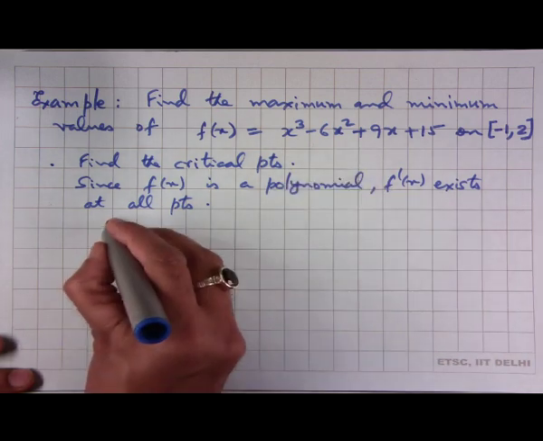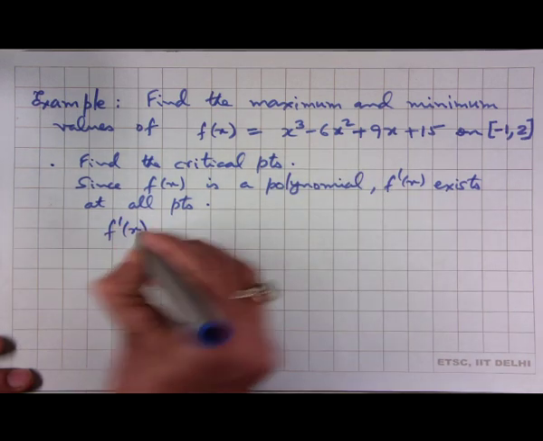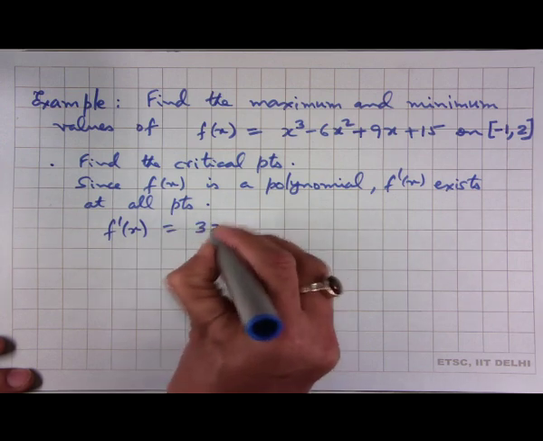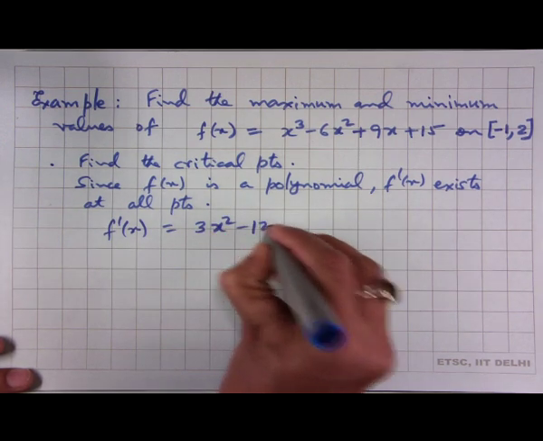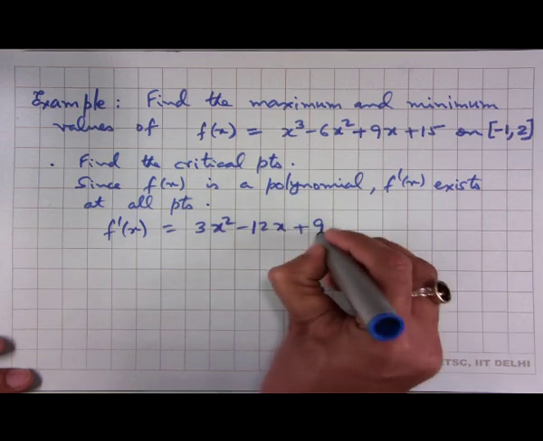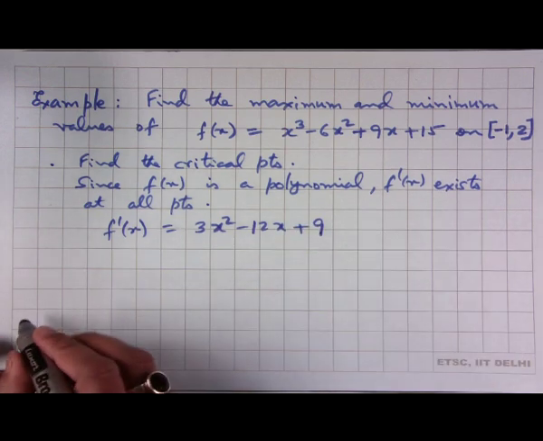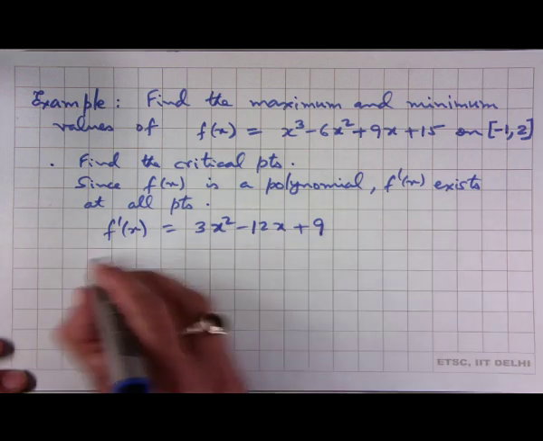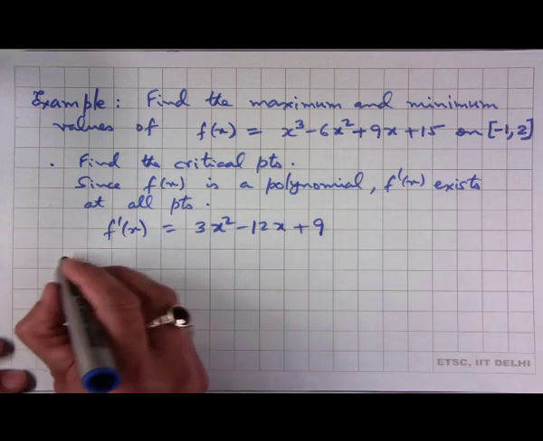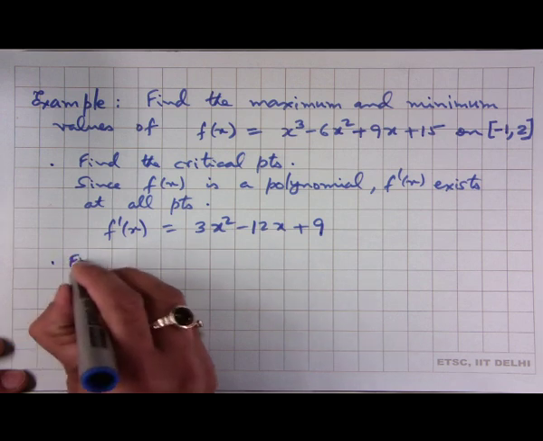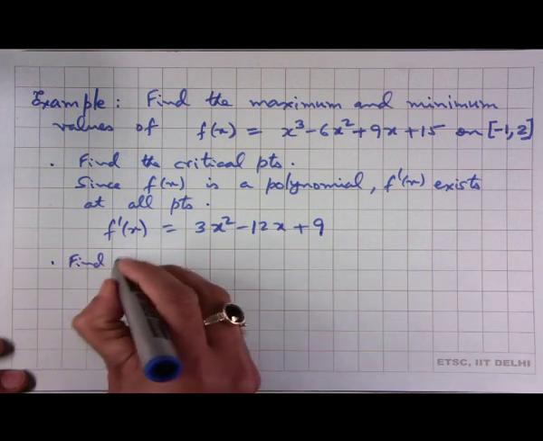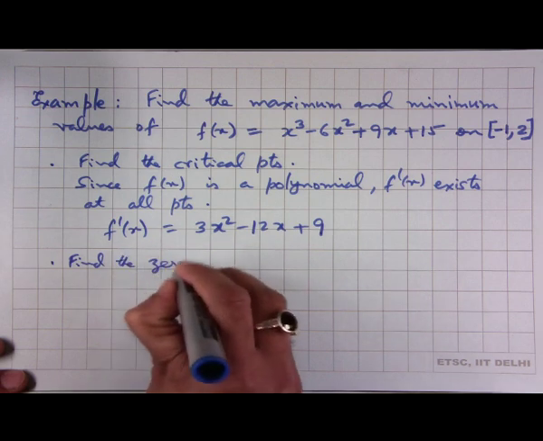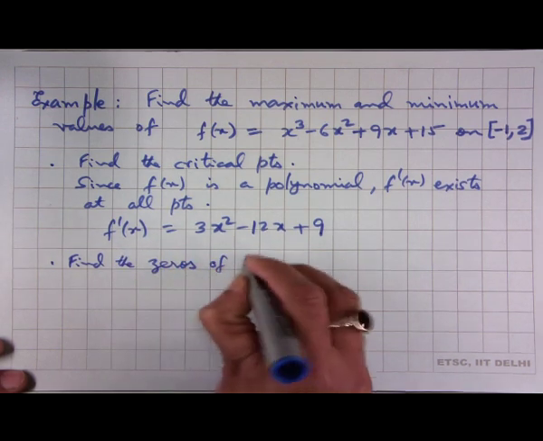Now, if I find f prime x, this is equal to 3 x square minus 12 x plus 9. Then to find the critical points, we have to find the zeros of f prime x.